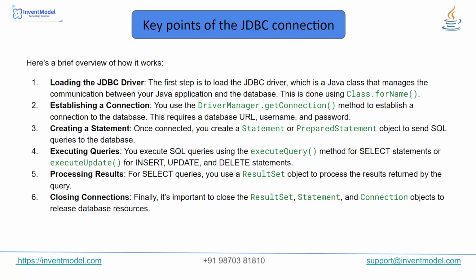The first point is loading the JDBC driver. The first step is to load the JDBC driver, which is a Java class that manages the communication between your Java application and the database. This is done using Class.forName. So we are using this line for loading the driver.